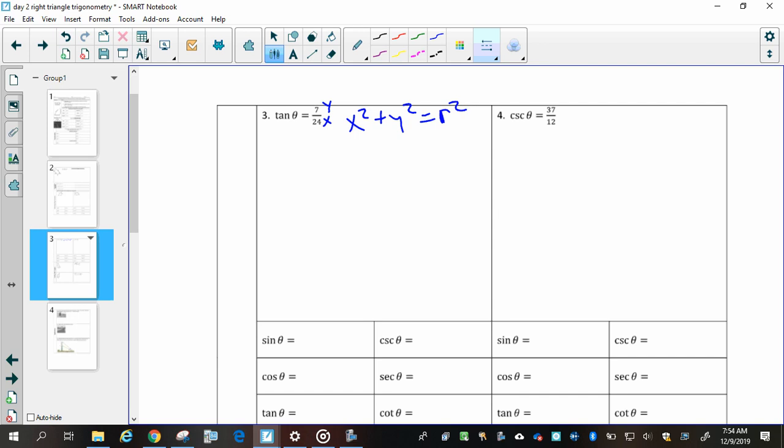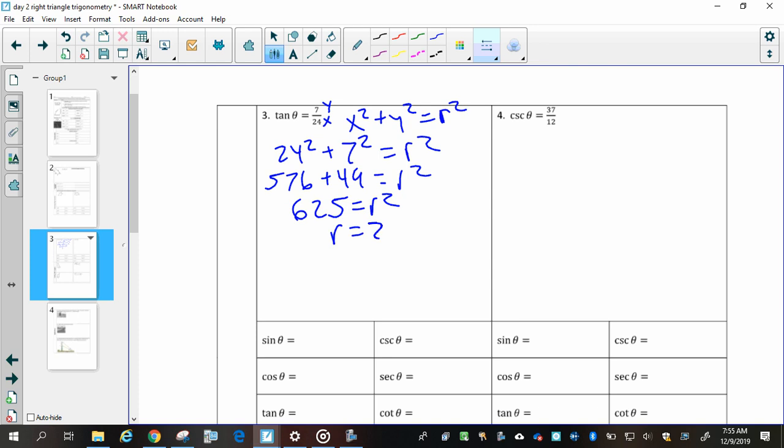Remember, you're still using your Pythagorean theorem. This is 625.